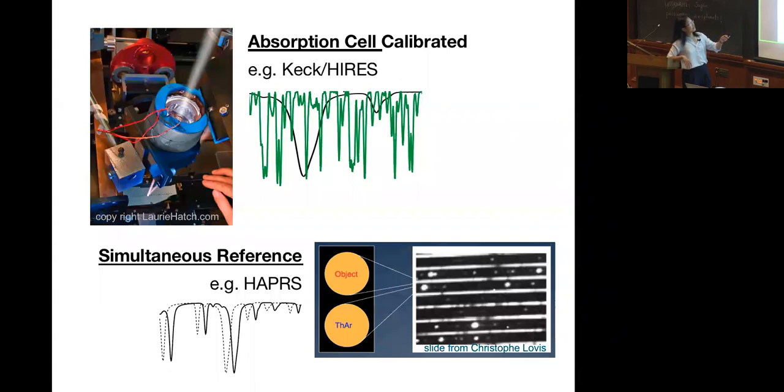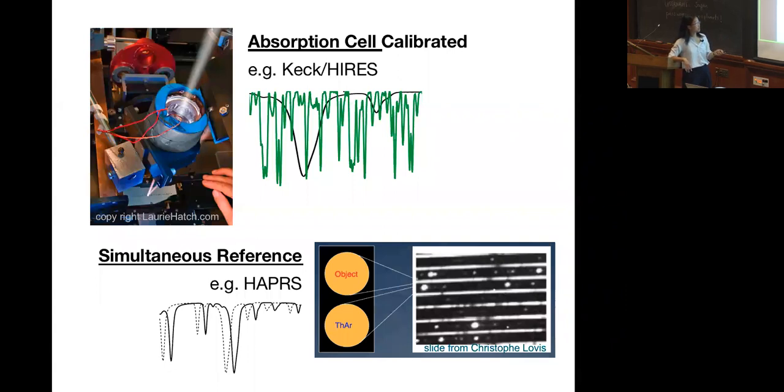So black is the stellar line, and as the starlight goes through the iodine cell, you will have many sharp and narrow iodine lines imprinted on top of the stellar line. And you know the exact wavelength and shape and depth of those iodine lines, and that helps you calibrate your wavelength. It also helps you calibrate how your spectrograph broadens the spectral lines. So this is how you get the wavelength solution of the star and also measure the Doppler shift.